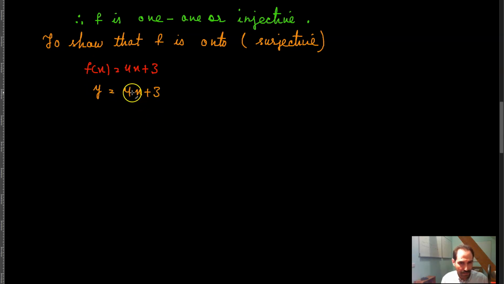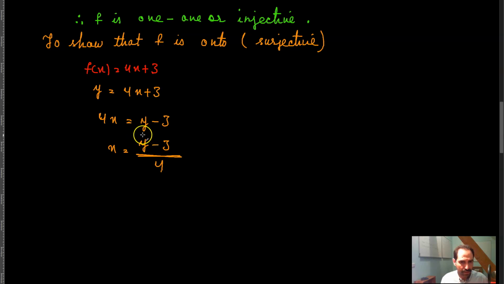And if I find x in terms of y, this tells me that 4x is equal to y minus 3, or x is equal to (y minus 3) divided by 4, which gives me a relationship between x and y.